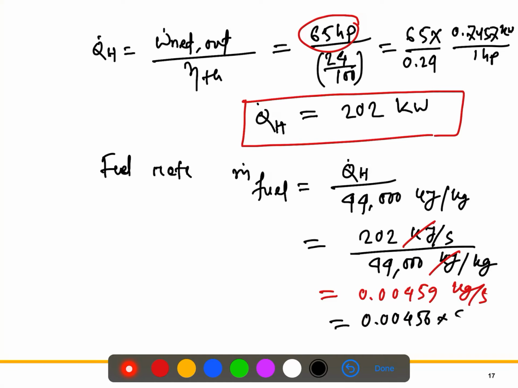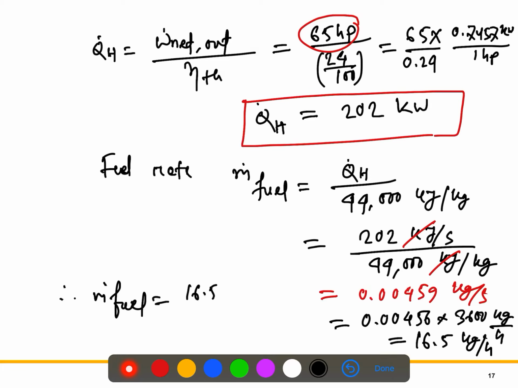Now if we want to convert to per hour, as it is per second, we will multiply by 3600. You all know this, so I'll not explain it. So this is actually 16.5 kg per hour. What we got here, the rate of the fuel burn, is 16.5 kg per hour.